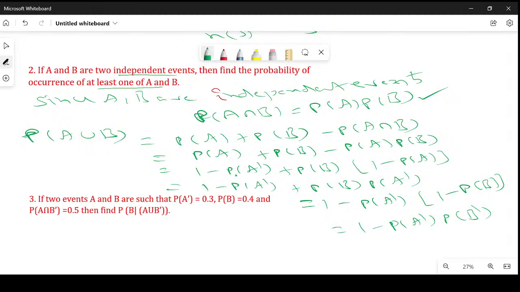Now, taking P of B common from these two, P of B into 1 minus P of A, and 1 minus P of A is P of A complement. Again from these two, take P of A complement common, 1 minus P of B, which is P of B complement. So P of A union B can be written as 1 minus P of A complement P of B complement when A and B are independent events.